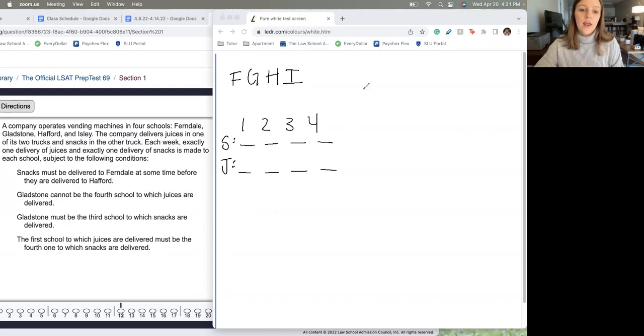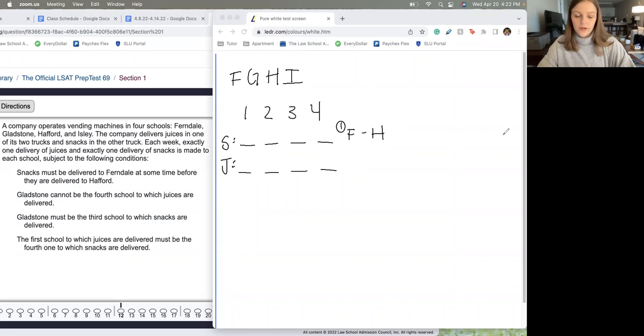And we know that F must deliver sometime before H. So I'm going to write over here F before H, and I'm putting it in line with that snack because it's not necessary that F has to be before H in my J line. It's just my snack line. So I'm just going to kind of keep it in line with my snacks. That way I know which group it's going to. So that's my first rule.